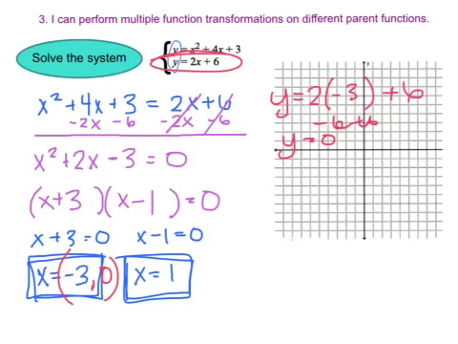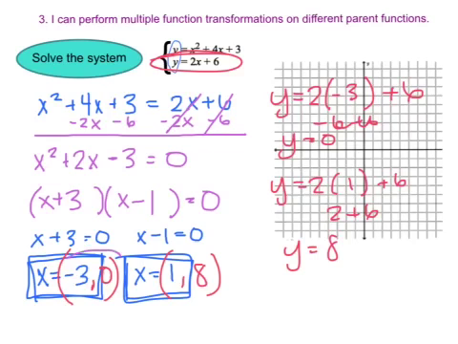And if we plug in 1, y equals 2 times 1 plus 6. 2 plus 6, y equals 8. So, that gives us our points, negative 3, 0 and 1, 8. Last but not least, you should check your answers, and if we check our answers, they both work out to be true.